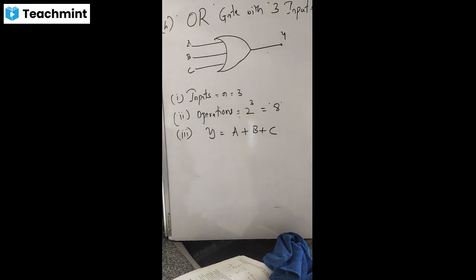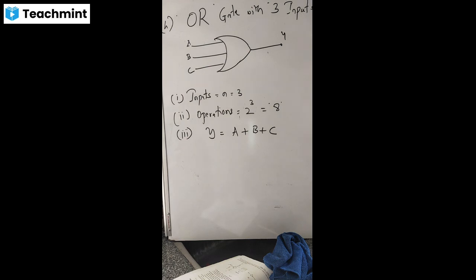So that is why you better write it down, and I will rub this and then write the truth table with 3 inputs. Shall I write?